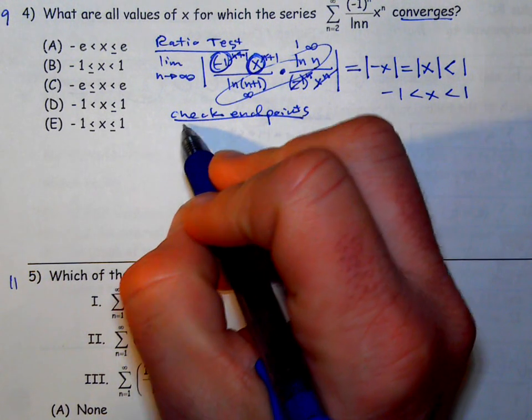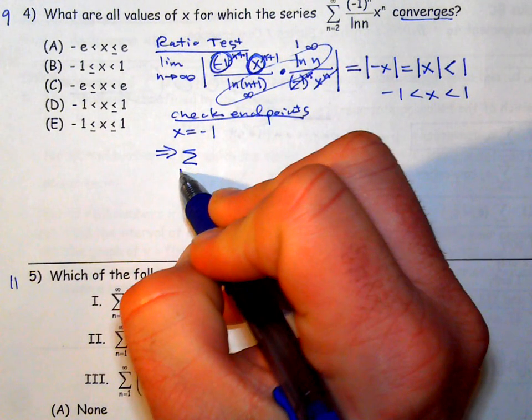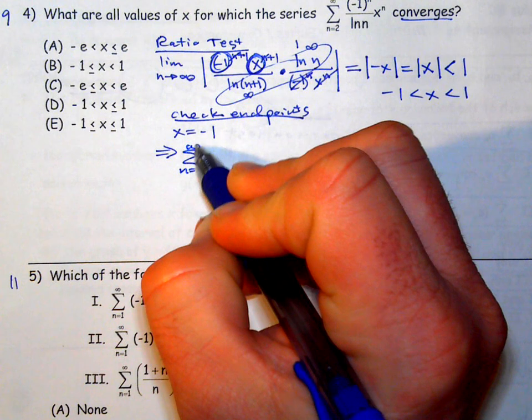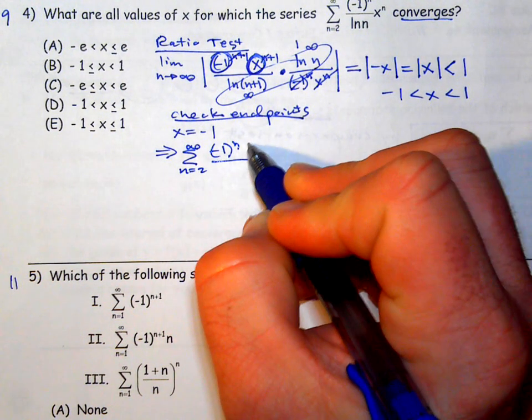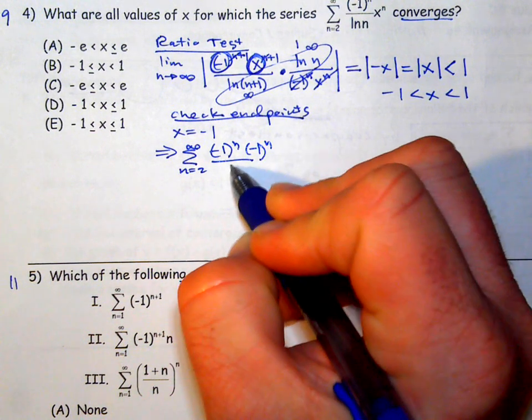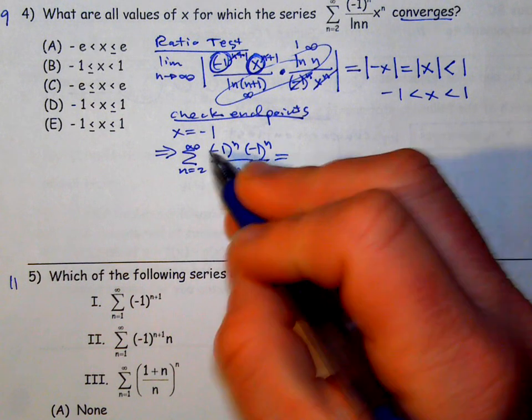So we could start at x equals -1. Plug it into the power series. It gives you a number series. The n values stay there.